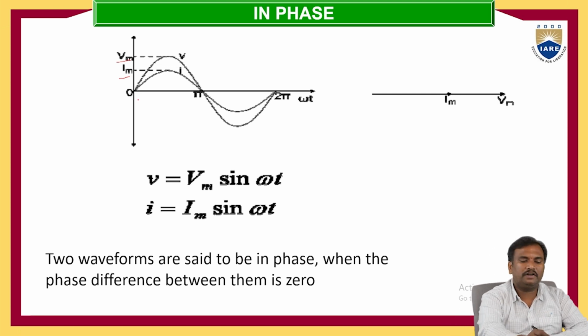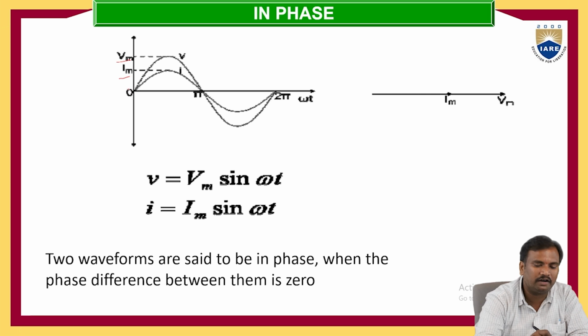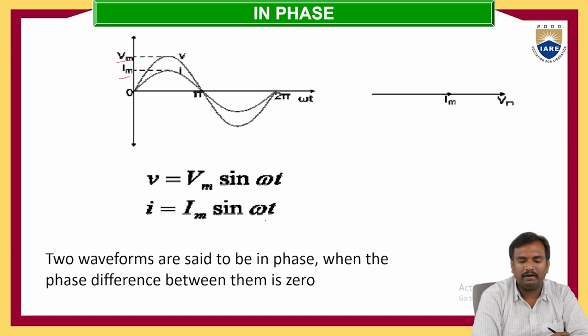The function is following the same points, starting at 0 and ending at pi in the positive half cycle, and in the negative half cycle it starts at pi and ends at 2 pi. Then V can be represented as Vm sin omega t, and I as Im sin omega t.